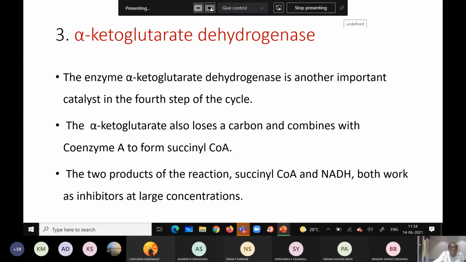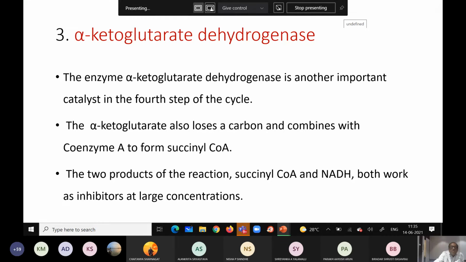And the third one is alpha ketoglutarate dehydrogenase. This also curbs the reaction when there is more formation of succinyl CoA and NADH, and it inhibits the reaction when more NADH is formed.